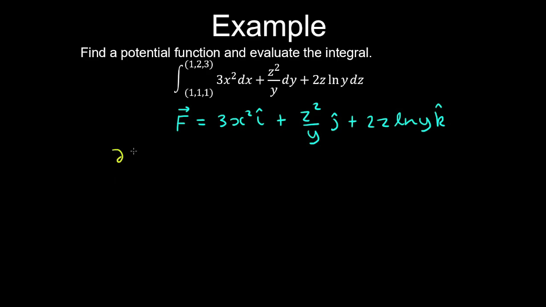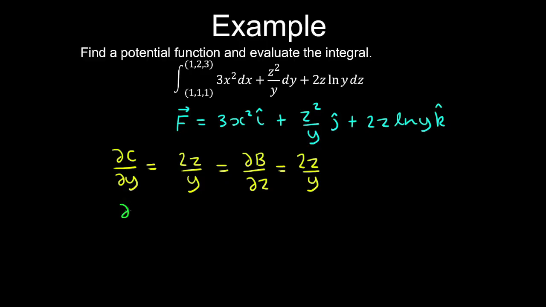So first we'll take the partial of C with respect to y, so that gives 2z on y, and compare that to the partial of B with respect to z, which is also 2z on y. So these partials are equal. And then we take the partial of A with respect to z, which is 0, and compare that with the partial of C with respect to x, which is also 0.